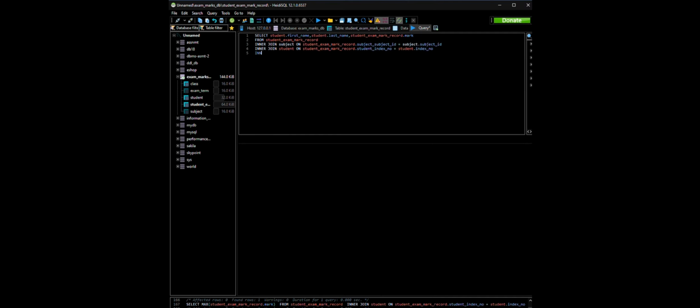Next we are going to join in our exam term table on student exam mark record dot exam term underscore term ID is equal to exam term dot term ID. Here we are going to mention our condition where exam term dot term name is equal to first term, and within brackets we are going to write the subject name: subject dot subject name is equal to mathematics.